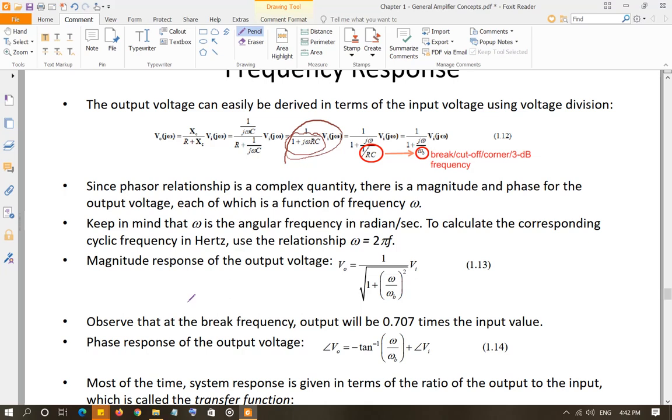So again, I will emphasize that everyone needs to know how to calculate, if a complex number is given to you either in fractional form or regular, the magnitude of the complex number, the phase of the complex number, and how to transform from polar form to rectangular form and back to polar form.